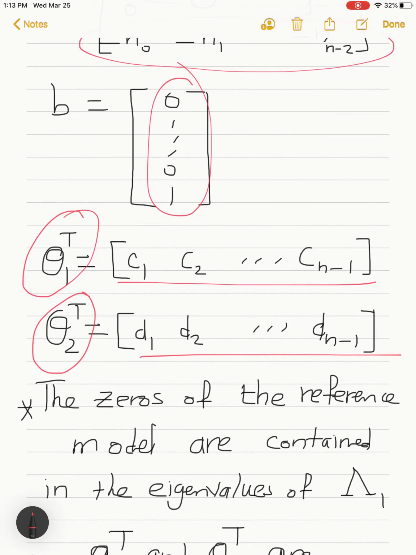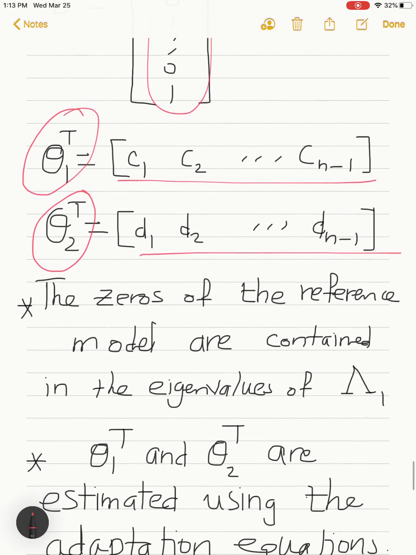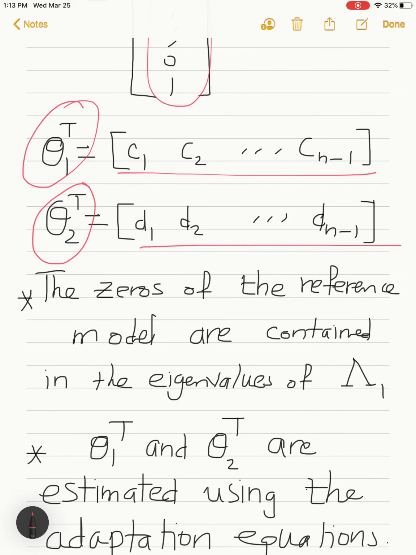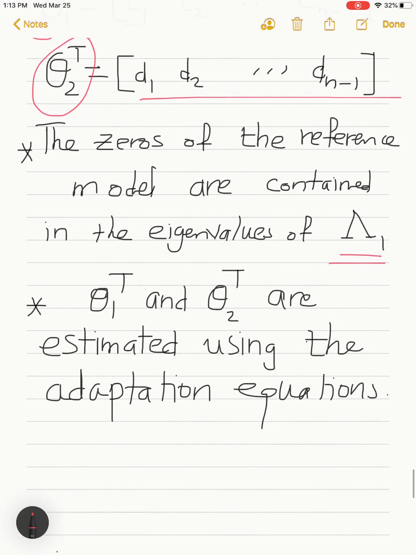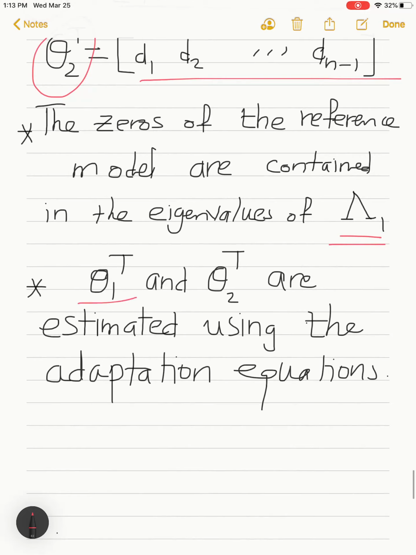We select the zeros of the reference model as the eigenvalues of lambda 1, and then we use theta 1 transpose and theta 2 transpose as estimated from the adaptation equation to form the control law. So this summarizes the design of an output feedback model reference adaptive control based on the transfer function approach.